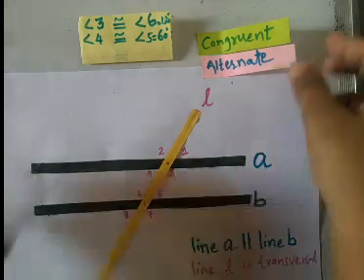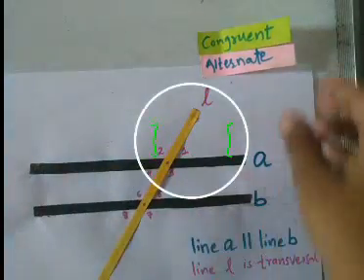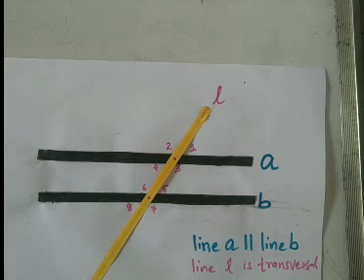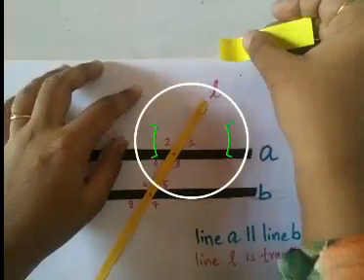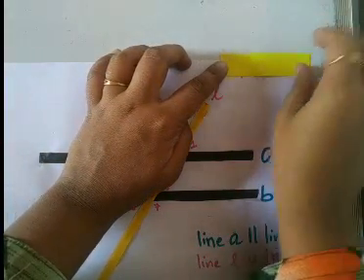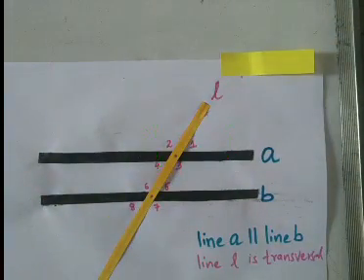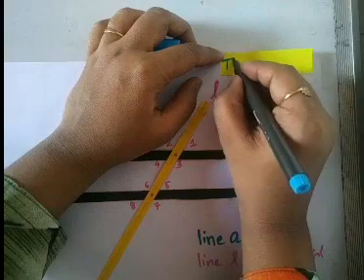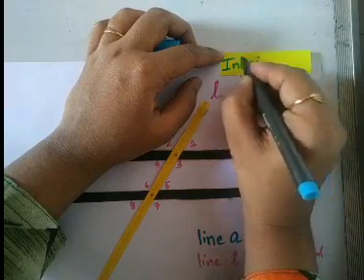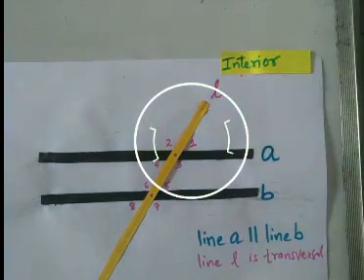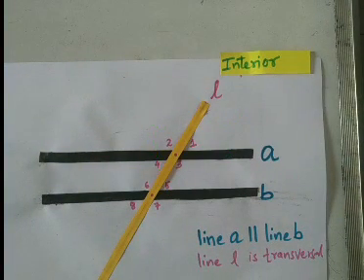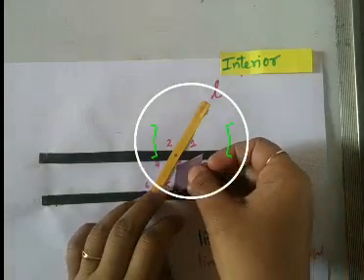Now the next type of angle which is formed because of the two parallel lines and one transversal line is interior angles. Let's see what interior angles are. Now you will understand by yourself.